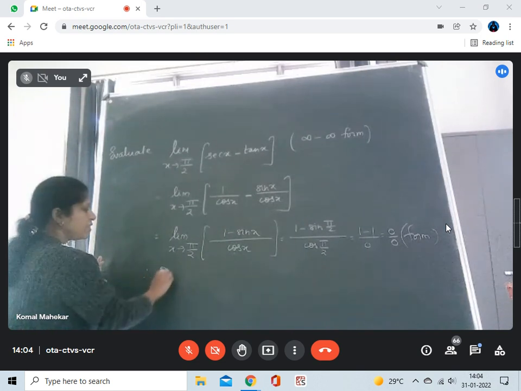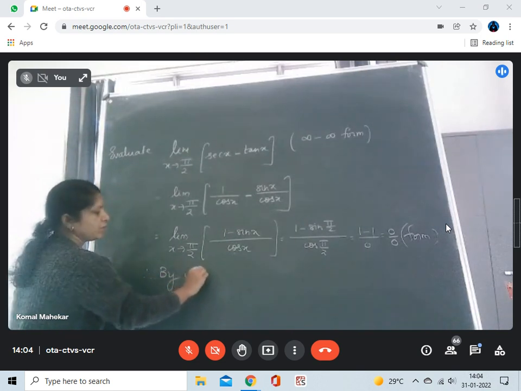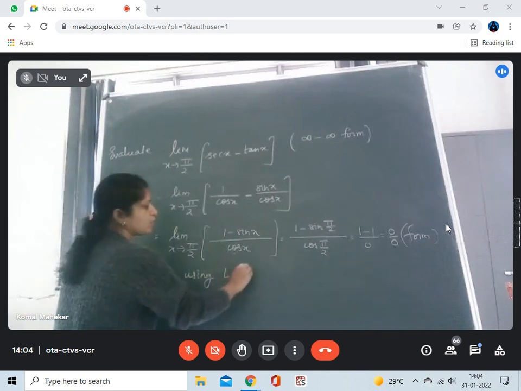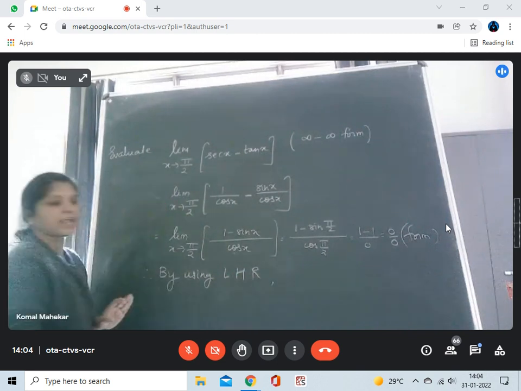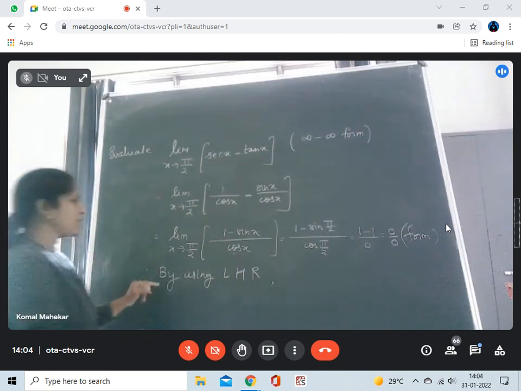By applying L'Hospital rule, we take the derivative of the numerator function and the denominator function.